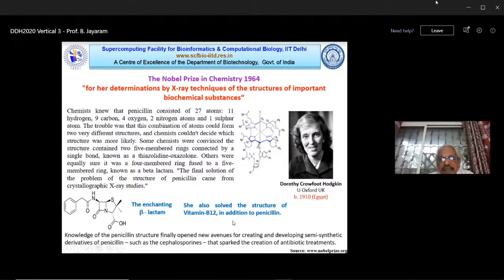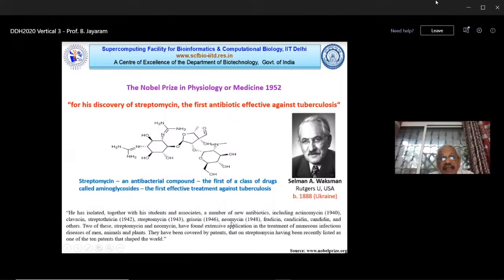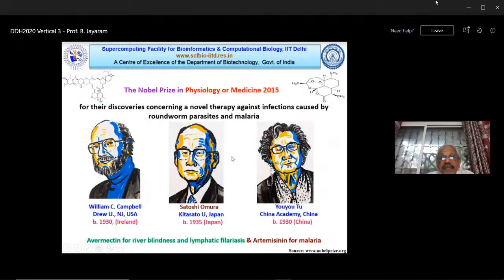Apart from this, she also did vitamin B12. Simultaneously, we have streptomycin, which again is a very powerful antibacterial compound, and this was celebrated in 1952 with the Nobel. Then more recently, I'm sure all of you heard of artemisinin for malaria, and ivermectin for river blindness and lymphatic filariasis, and this was again the Nobel in 2015.